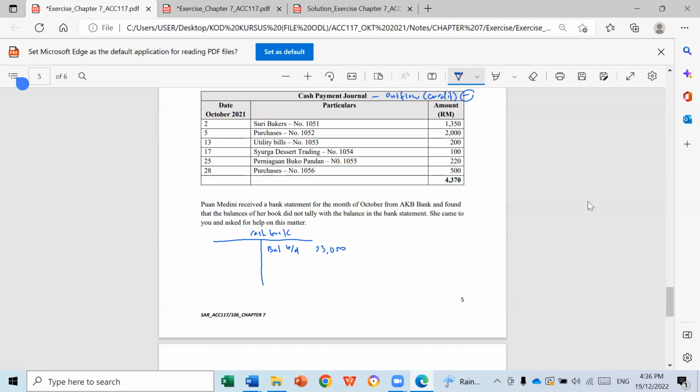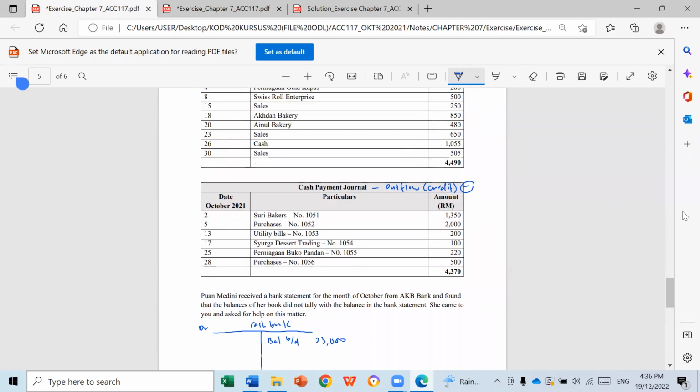This is how we convert the information into the cash book. The debit side shows the inflow. So the inflow of cash is 4,490. We call this the total receipt.